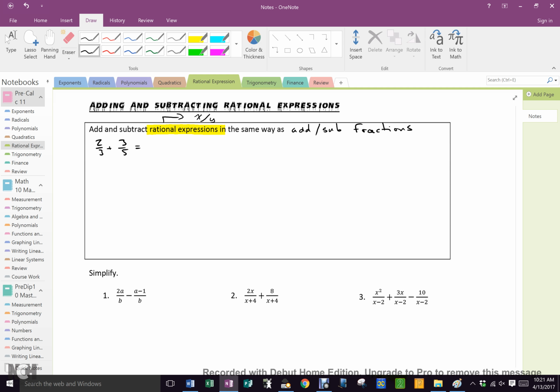Michaela discussed the fact that you need a common denominator. What is that common denominator? 15. Now, all of you automatically know that it's 15. Why is it 15? Because 15 is the lowest common multiple of 3 and 5, yes? So what I need is a denominator that incorporates both of these, correct?